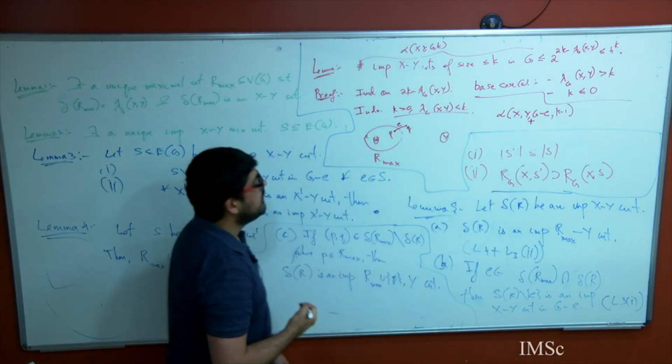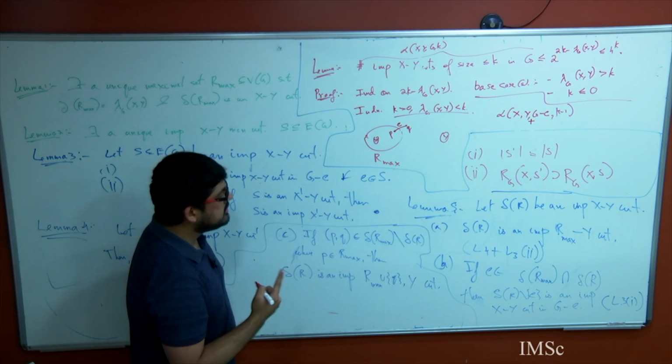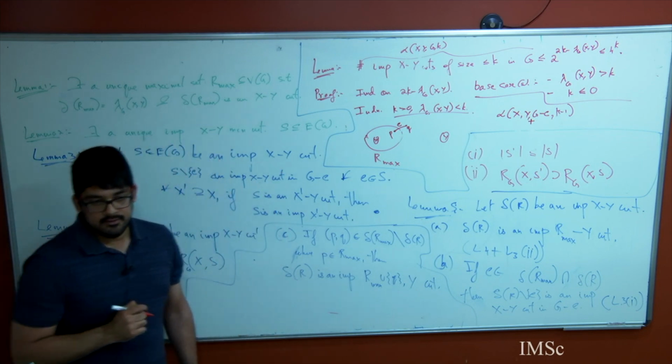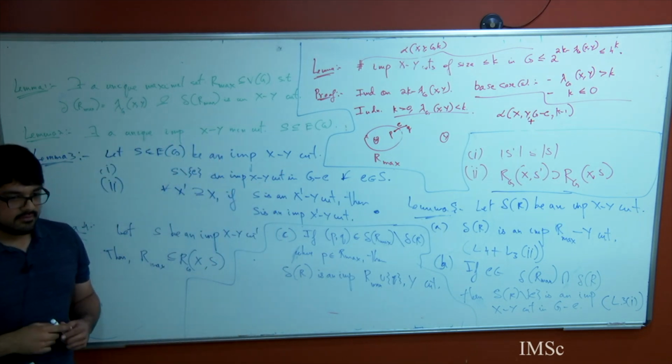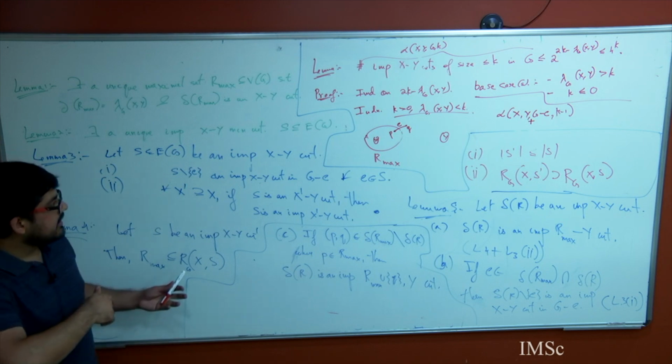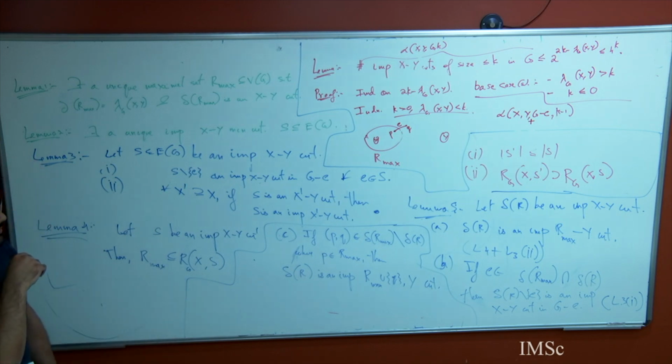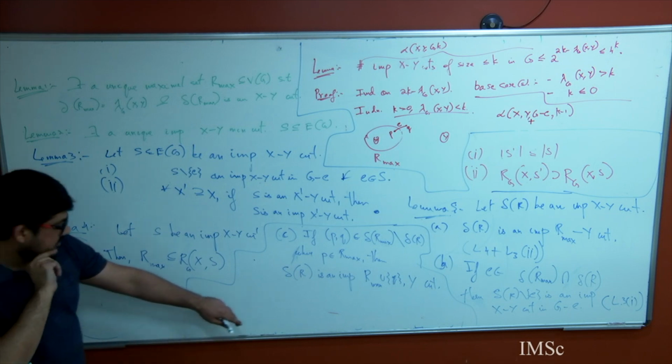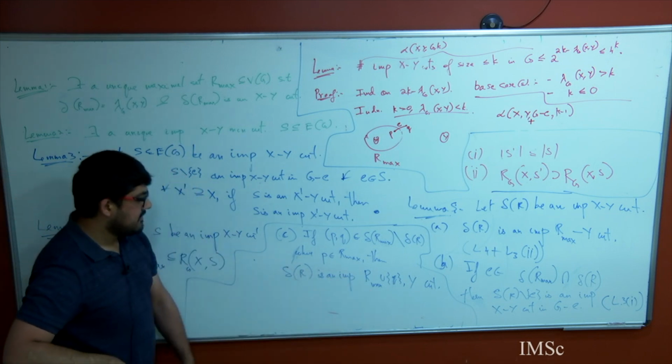How do I count important cuts that do not contain E? Put X union Q. Is it X union Q? What about R max? Right?